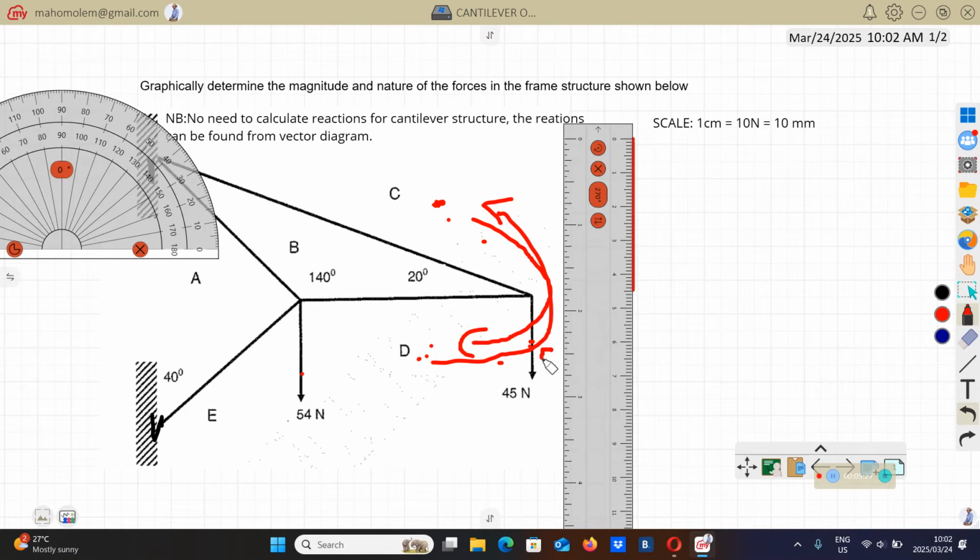This space on this side is C, this side is D. So you move clockwise. You start from this side going in this way, so you'll have CD. We're going to name this line CD. We started at C.